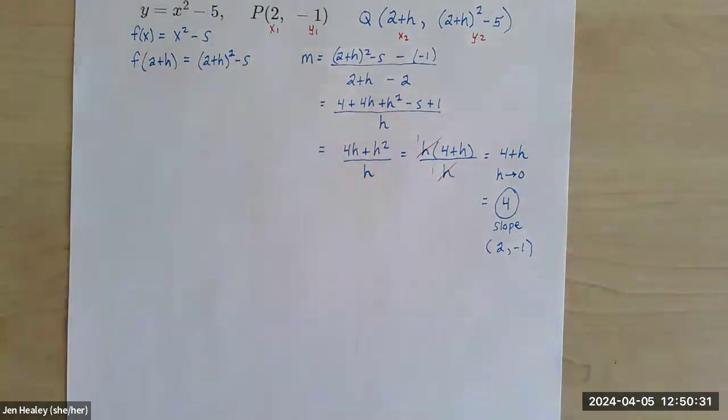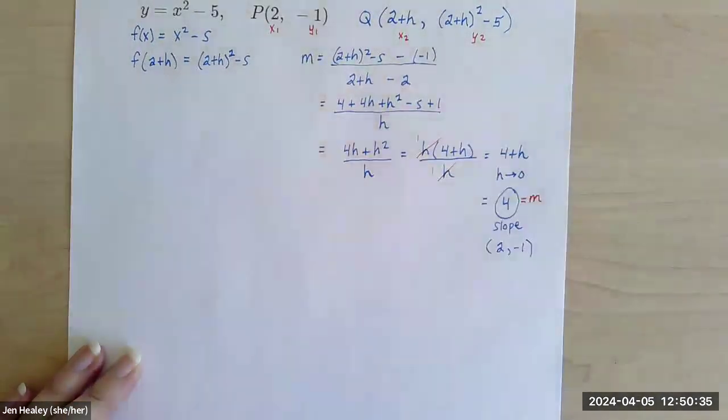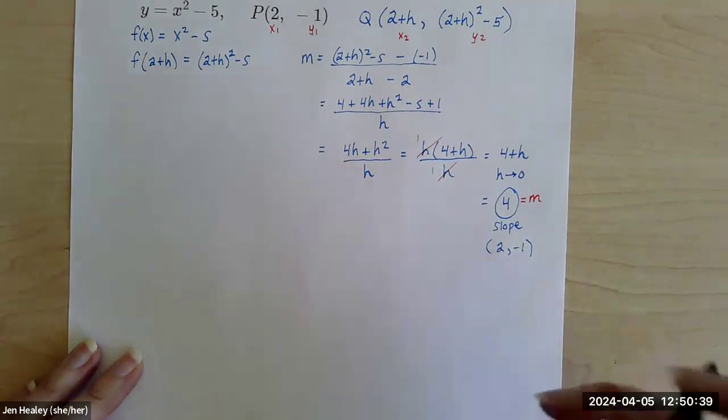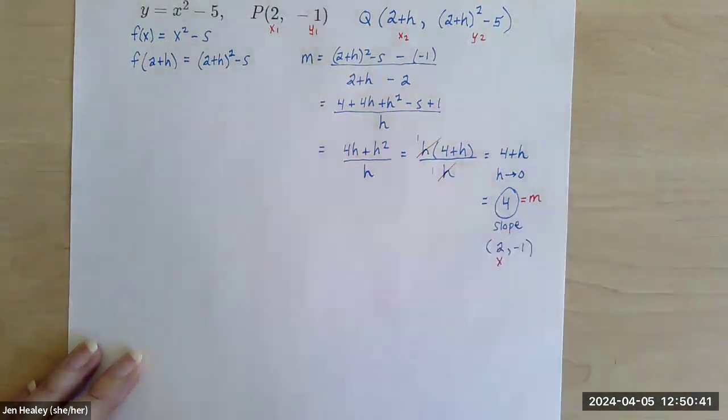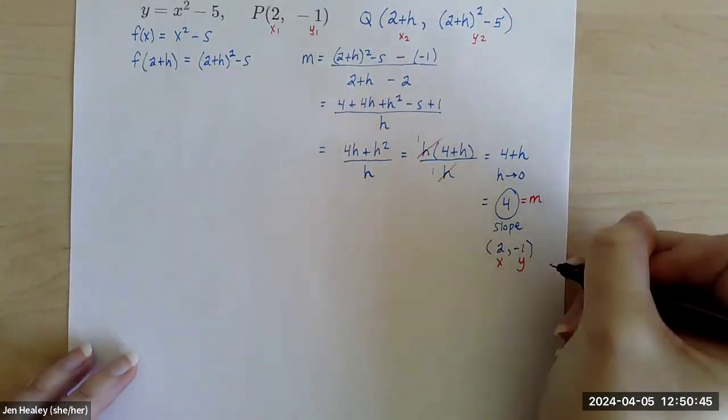So this is the slope. I'm going to say that's equal to m. Slope in my line equation is always the m. This one they just gave us is an x value, and this thing they just gave us is a y value. There's a few different ways you can do this.